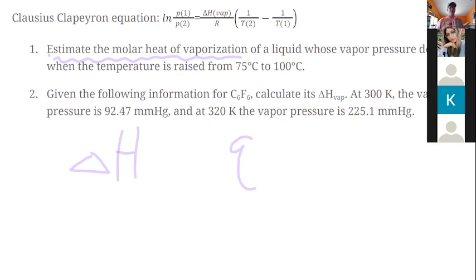Like if we had 2 moles of gas as reactants and 2 moles of gas as products, we don't have to worry about it. So usually we don't include work. We should, but if there's no change in pressure, then there's really no work being done.